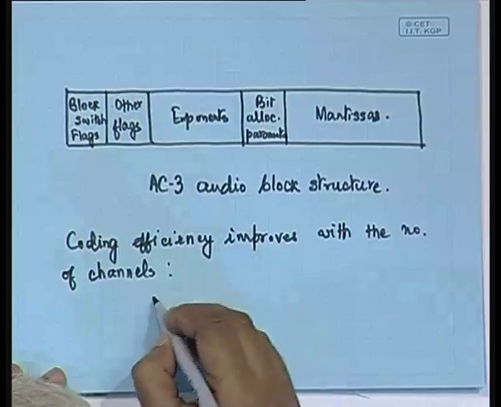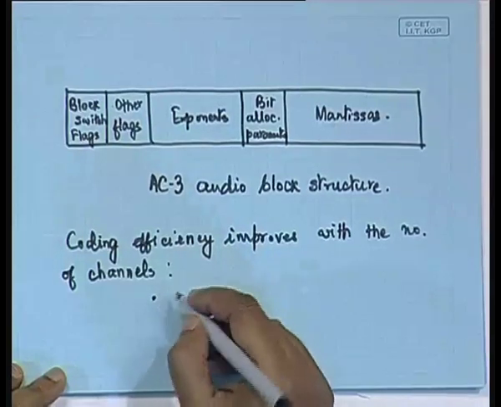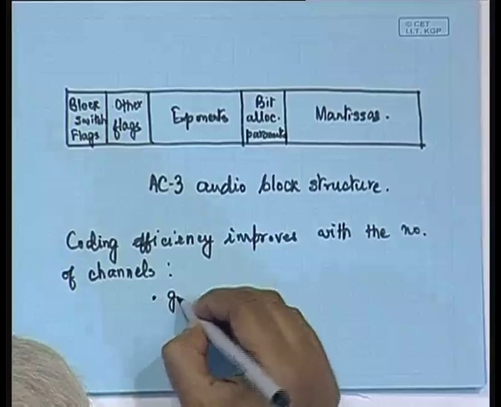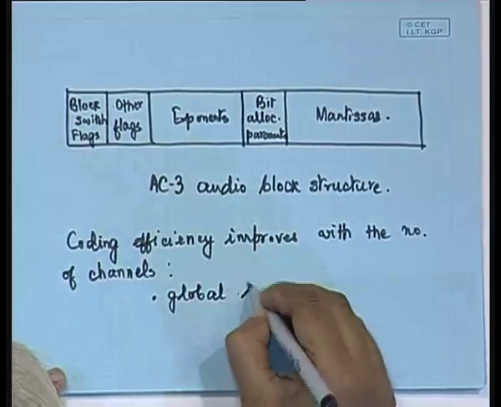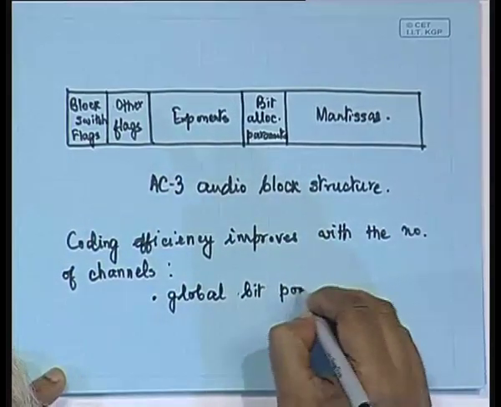Now, it is due to two principal features. First is that there is a global bit pool. So, the global bit pool basically allows the bit allocator to split the total available bit pool into a number of different audio channels as needed. So, on a need basis the bit allocation could be done from the global bit pool.